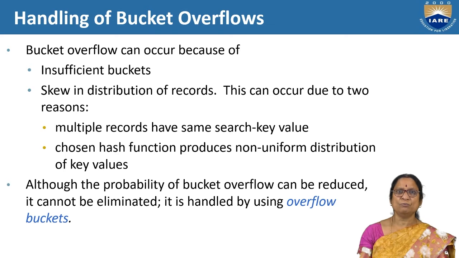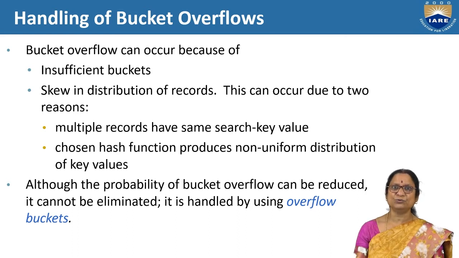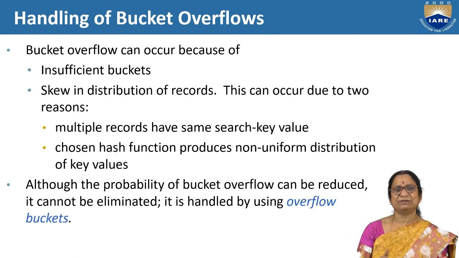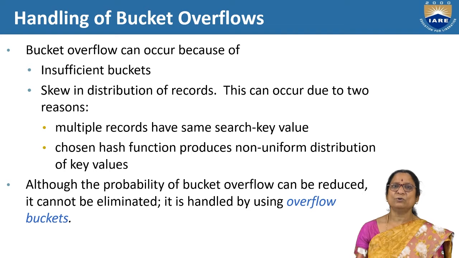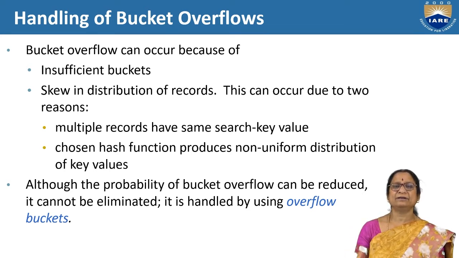As I told you, most of the key values may always be assigned to the same bucket, and then a skew will be generated. Similarly, only 1 or 2 buckets are always returned for different values, so more records are stored in the same bucket.